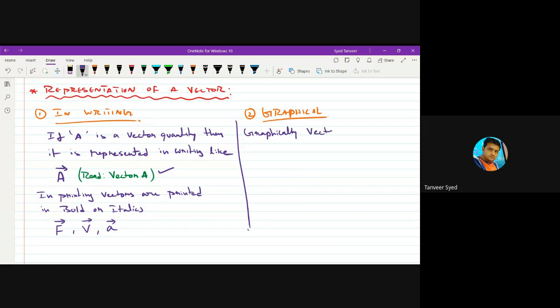Graphically, vectors are represented by arrows, like this.